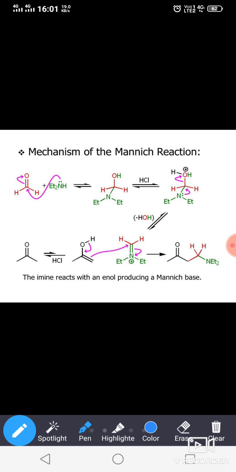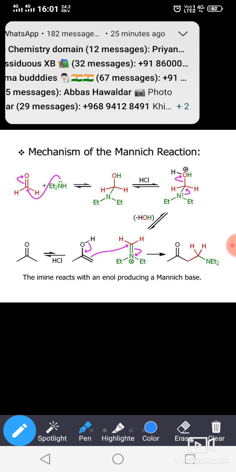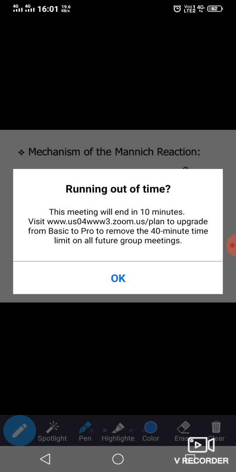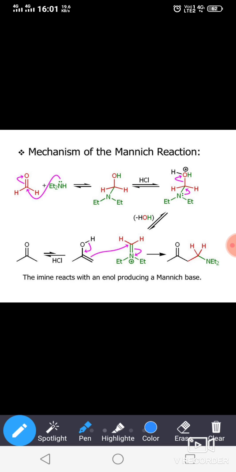To neutralize the positive charge of nitrogen, a proton will be liberated, as we have discussed in chapter 3, if you remember. When there is a positive charge on nitrogen or oxygen, to neutralize the positive charge, one proton will be removed and liberated. So here also, nitrogen will form the bond with the carbon, and nitrogen will have four bonds.